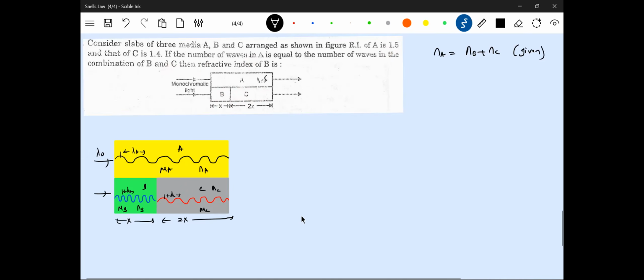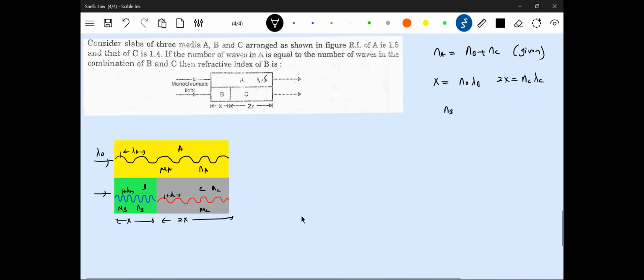So how can I write it? What is x equal to? X should be equal to NB into lambda B. 2x must be equal to NC into lambda C. We have to calculate the refractive index of this particular slab. So how are these two related?